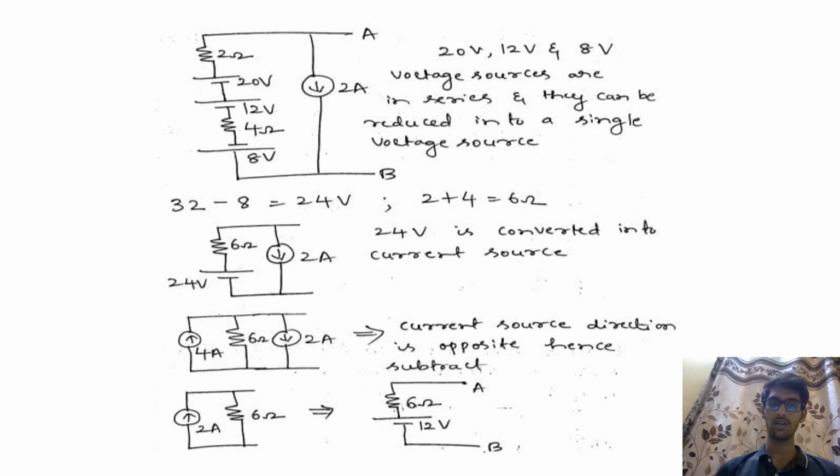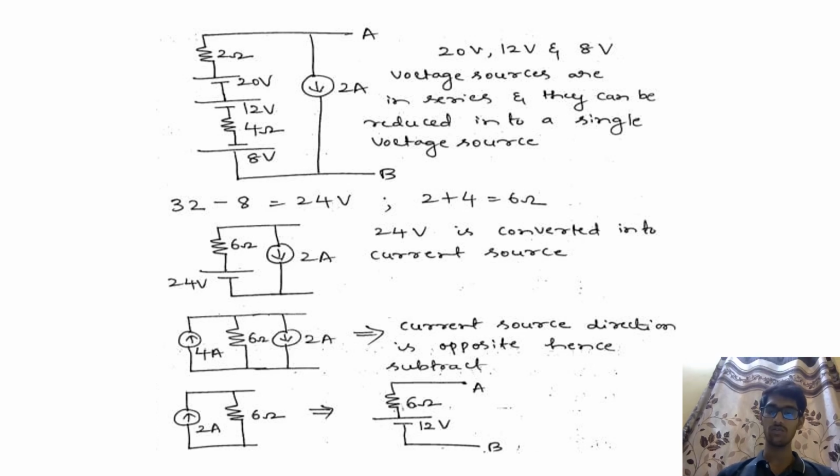And as it is, we have retained the 12 volt voltage source and the load current of 2 amperes. Now we can observe that all the voltage sources, that is the 20 volt, 12 volt and 8 volt voltage sources, are connected in series. So we can add up the three voltage sources and reduce them to a single voltage source.